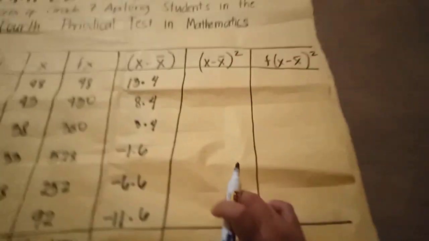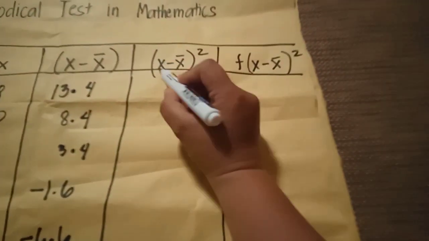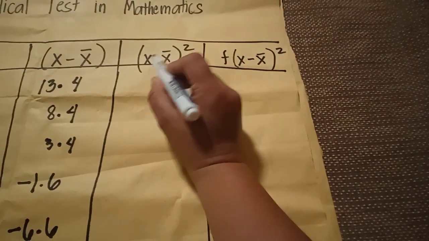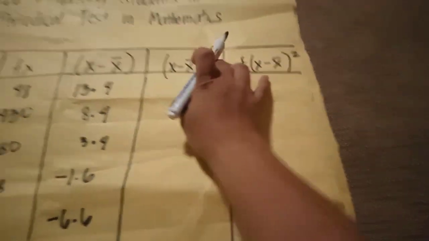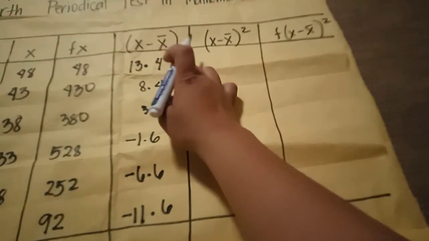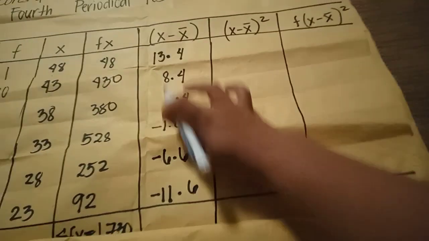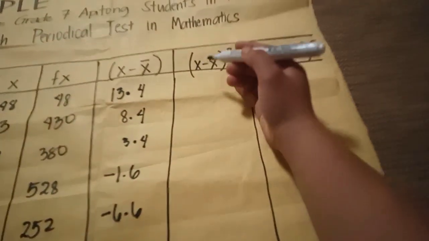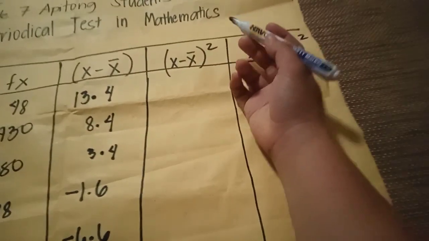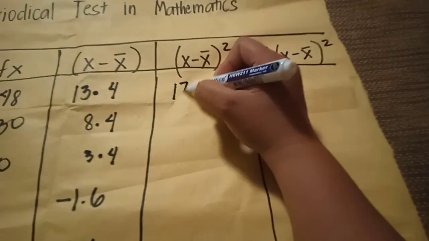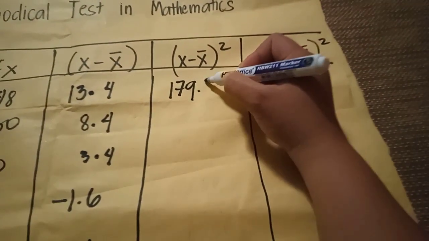Now let's proceed to another column, which is x minus x bar quantity squared. What we're going to do is we'll just square this column. So 13.4 squared is 179.56.